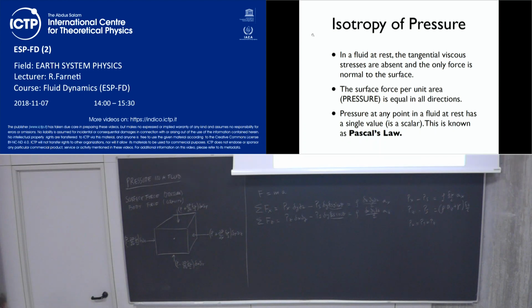Okay. So the element is in equilibrium, so imagine an element of fluid, a particle of fluid, a droplet, or an element of air in the atmosphere, which is in equilibrium. It's not accelerating, it's not moving. Okay. So this means that all the acting forces must be equal to 0 on the element of fluid.